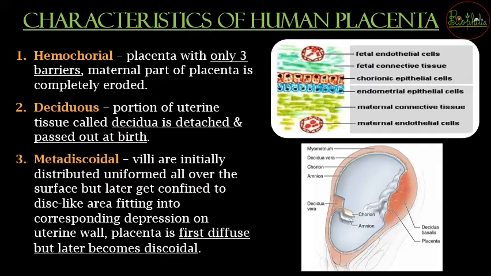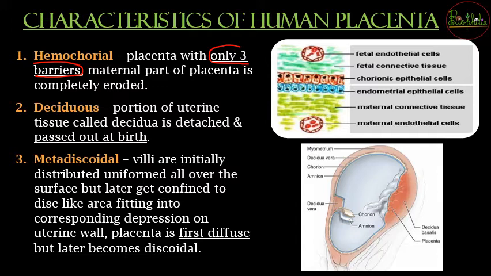Homochorial means the placenta is going to be left with only three barriers of the fetal part, and the maternal part is going to be left out. So the maternal part of the placenta is going to get completely eroded, that is, the maternal part from the uterine tissue is going to come out completely, whereas the fetal part is still going to be intact.